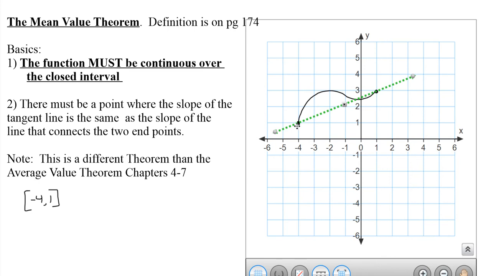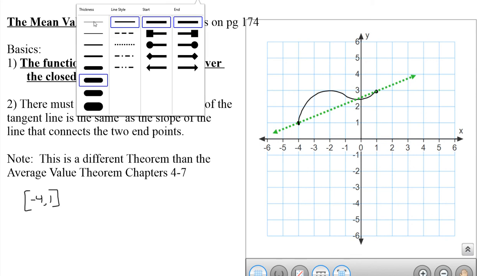So basically what it says is that if I draw this secant line in there, then there has to be at least one other place along this curve where the first derivative is the same value as the slope of this secant line. And it wouldn't be too big of a stretch to see that there might even be two in this one.